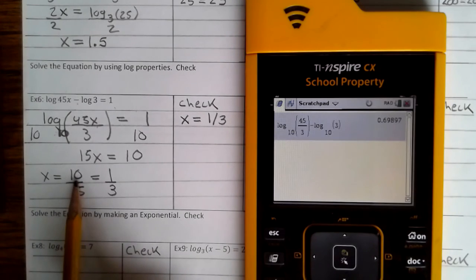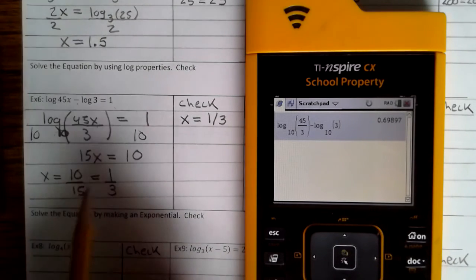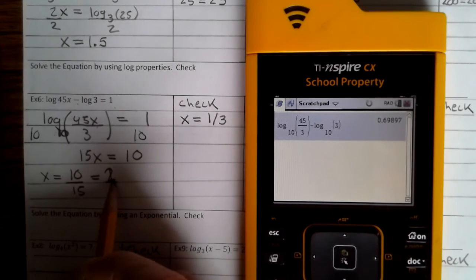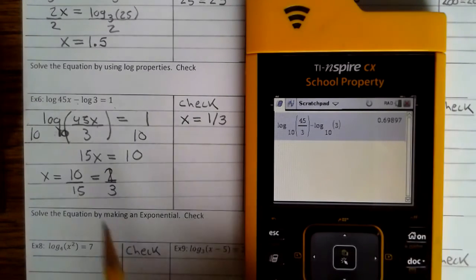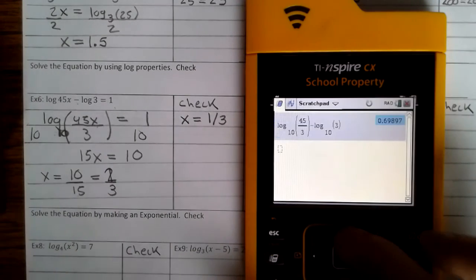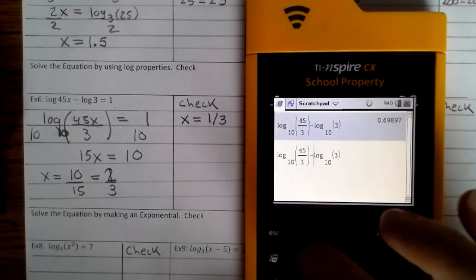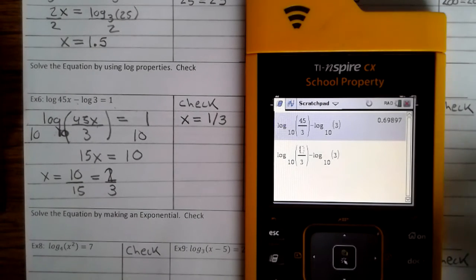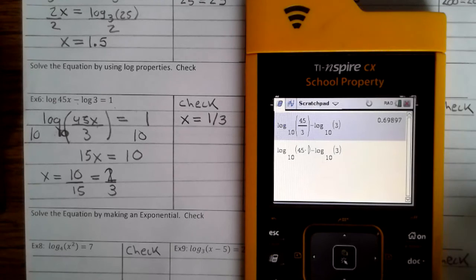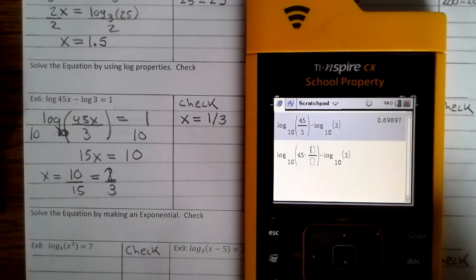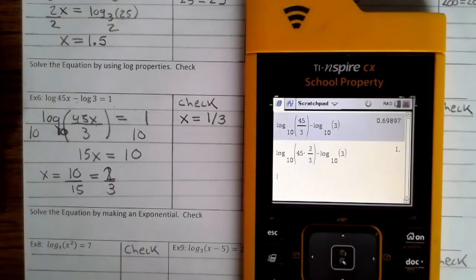So now, this would be 45 times control divide 2 divided by 3, and you see you get 1. So by checking, it allows you to find out if you've made a mistake in your answer. So now we know our answer is 2/3. And we can say that 1 equals 1.